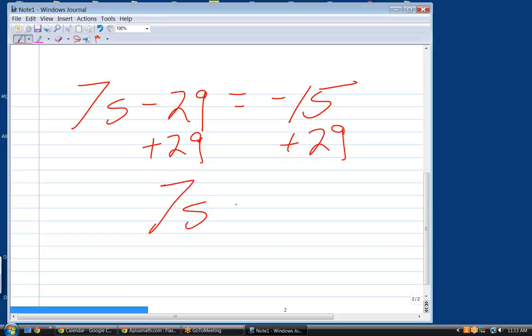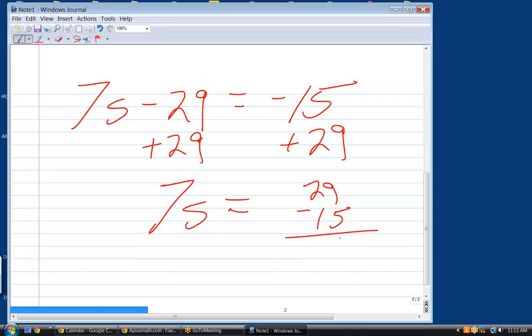7s equals... Oh, shoot. Now, notice that here we have 2 digits. Okay? But this is the same problem as 29 minus 15. Do you see why it's the same problem? Yeah. Okay.